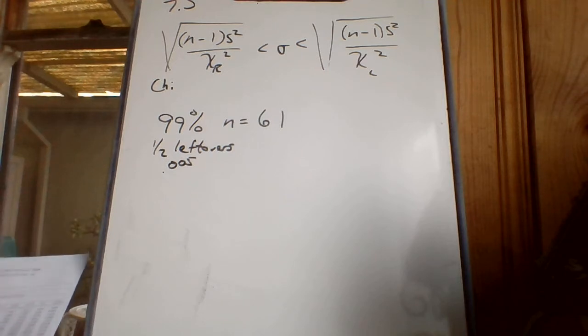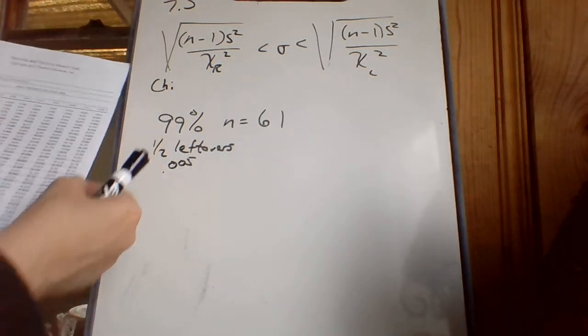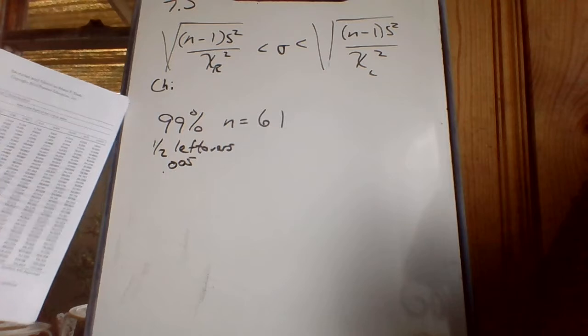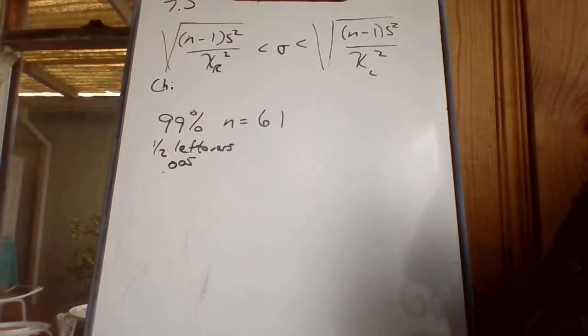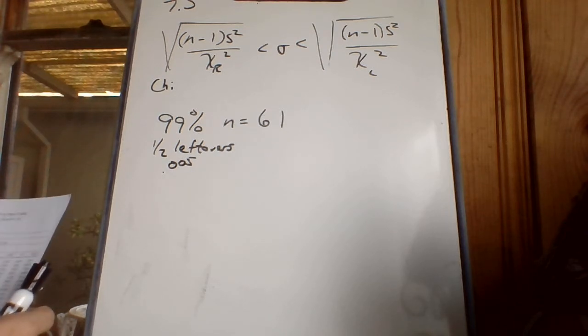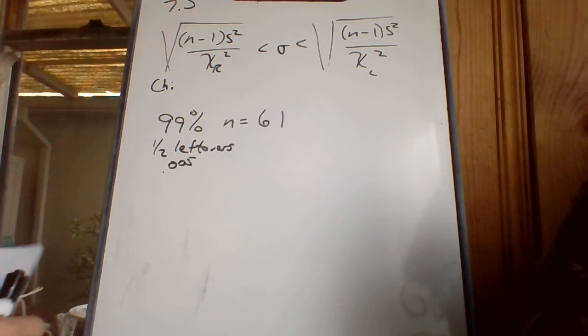So I know I'm going to go down this last column over here and this first column over here, and then I use my n equals 61. It doesn't say n on here. It says degrees of freedom. Somewhere someone will tell you the degrees of freedom is n minus 1.